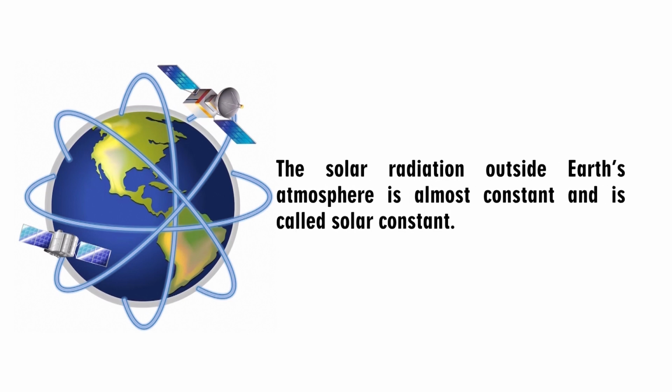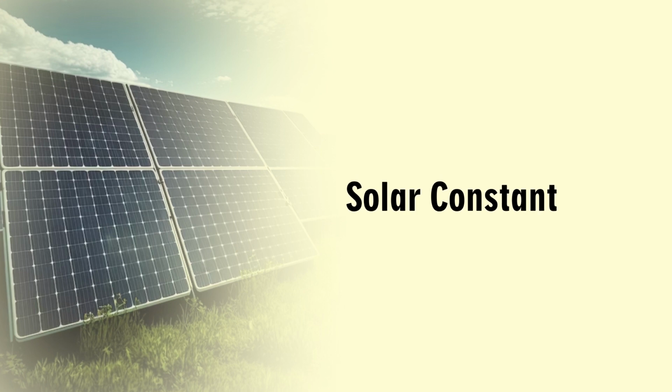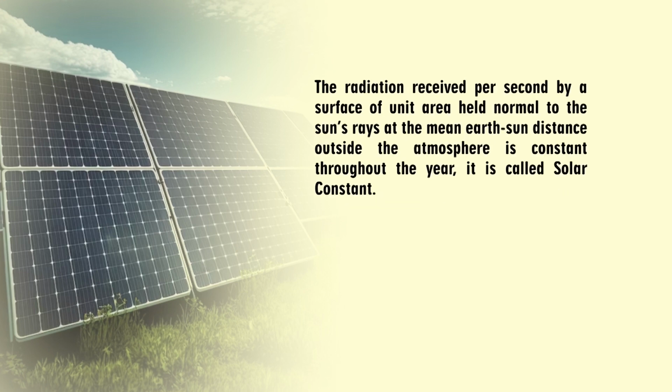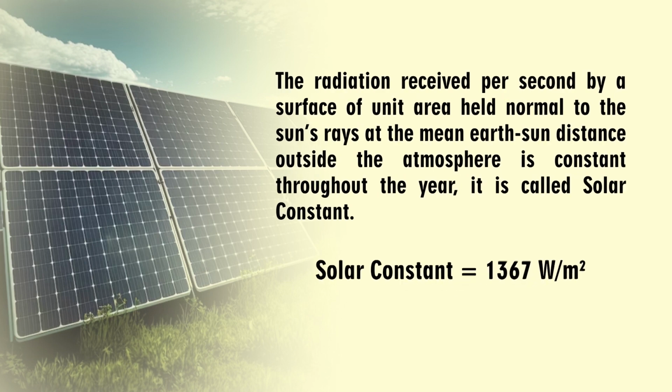The solar radiation outside the earth's atmosphere is almost constant and is called solar constant. This term is very important that you have to understand. The radiation received per second by a surface of unit area held normal to the sun rays at the mean earth-sun distance outside the atmosphere is constant throughout the year.